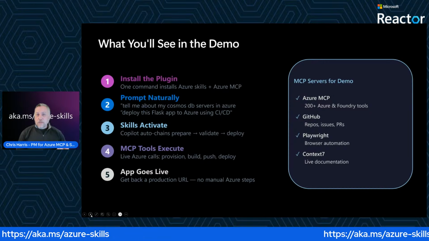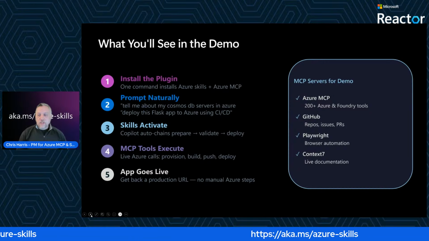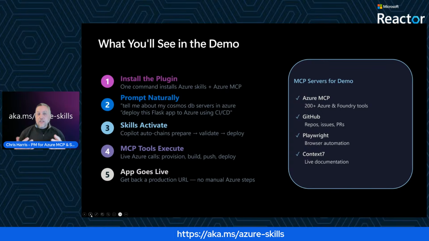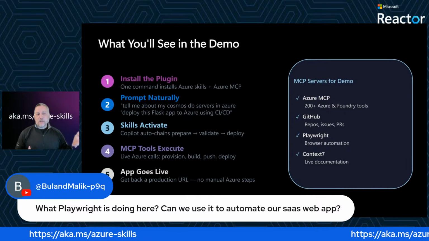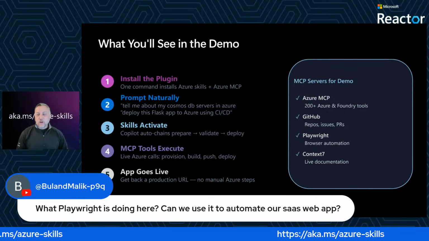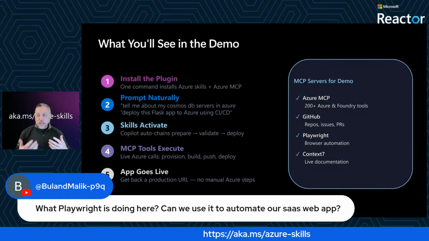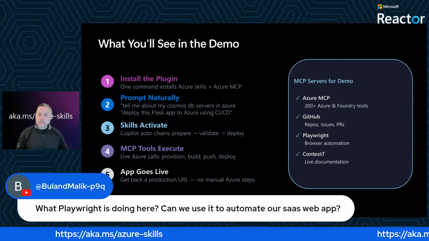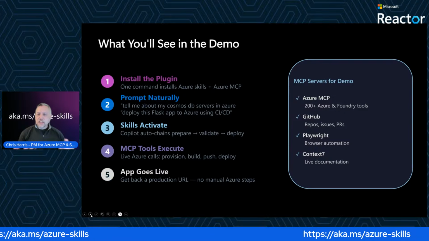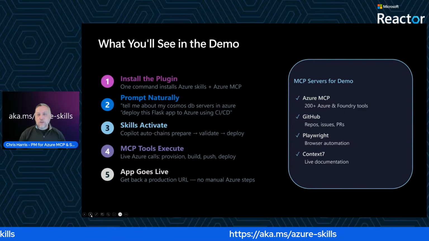The Playwright MCP, I saw a question in the chat about this. So Playwright MCP, that one's great for once you deploy something to tell the model to test it for you. So take advantage of those capabilities, and you can use the MCP. Playwright also has a CLI, and I would say experiment with both of them and see what works out best in your particular case.